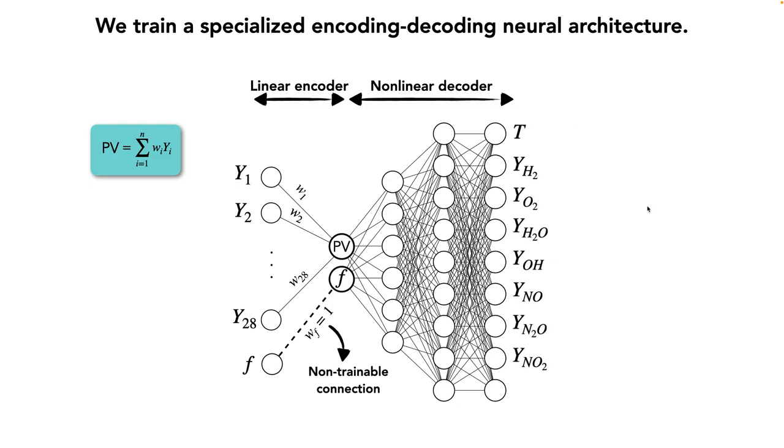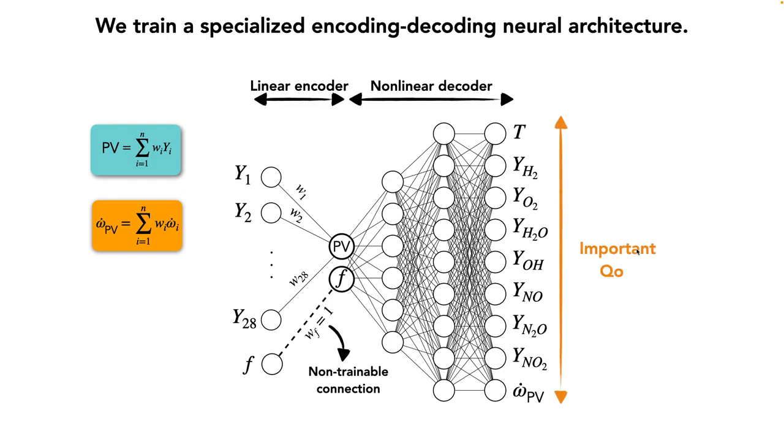At the decoder output, we reconstruct important quantities of interest. And there, the user has freedom to include any QOIs whose predictions from a numerical simulation are important. We also add the source term of the PV, which is a linear combination of the chemical source terms of all the species, with the weights being the same as the ones defining the PV.